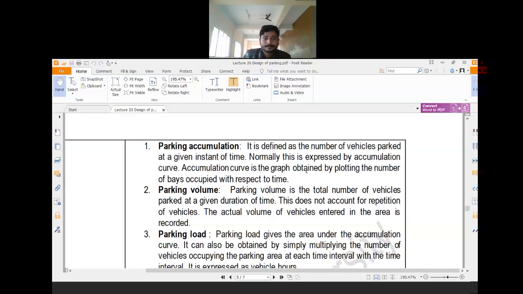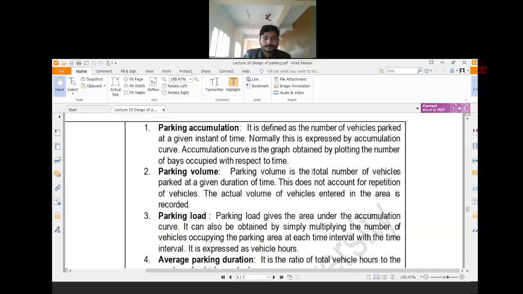Now, there are different parking statistics or parameters associated with parking, like parking accumulation. It is defined as the number of vehicles parked at a given instant of time. Suppose you are calculating the number of vehicles parked in an area. Now, if I ask you what is the number of parked vehicles at 7 p.m., that number is basically parking accumulation.